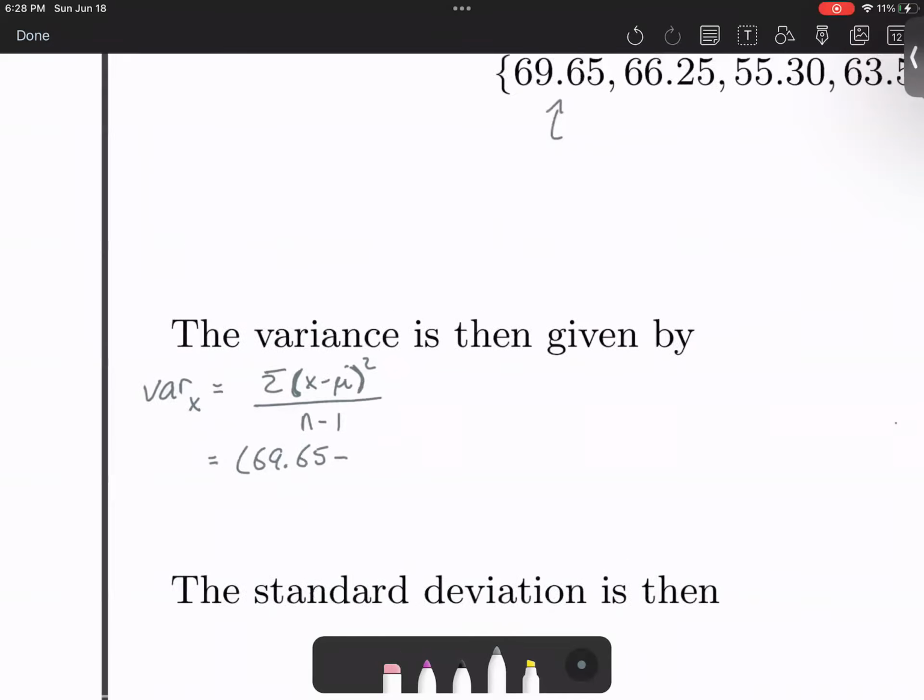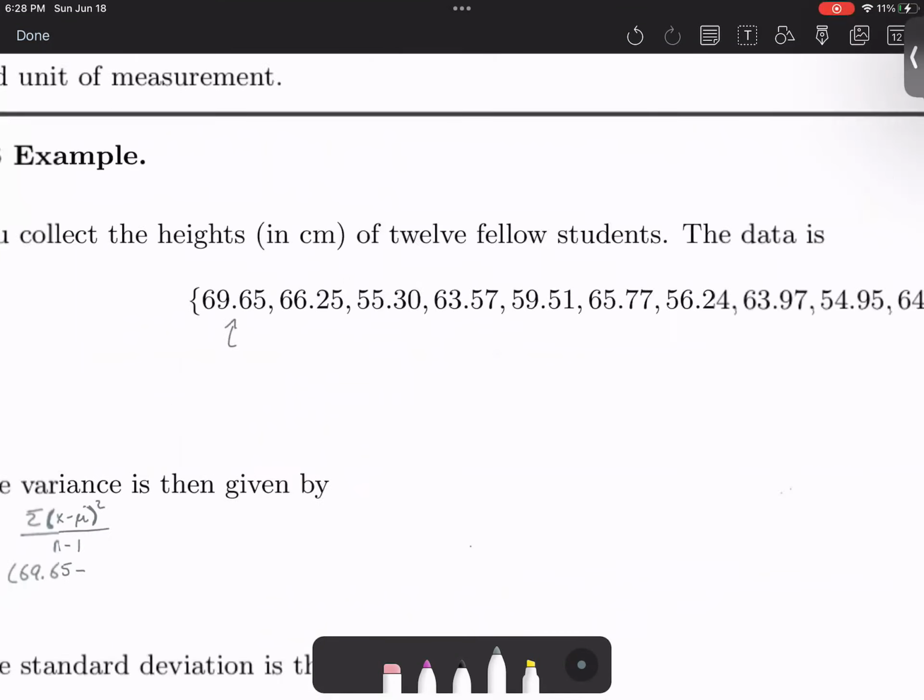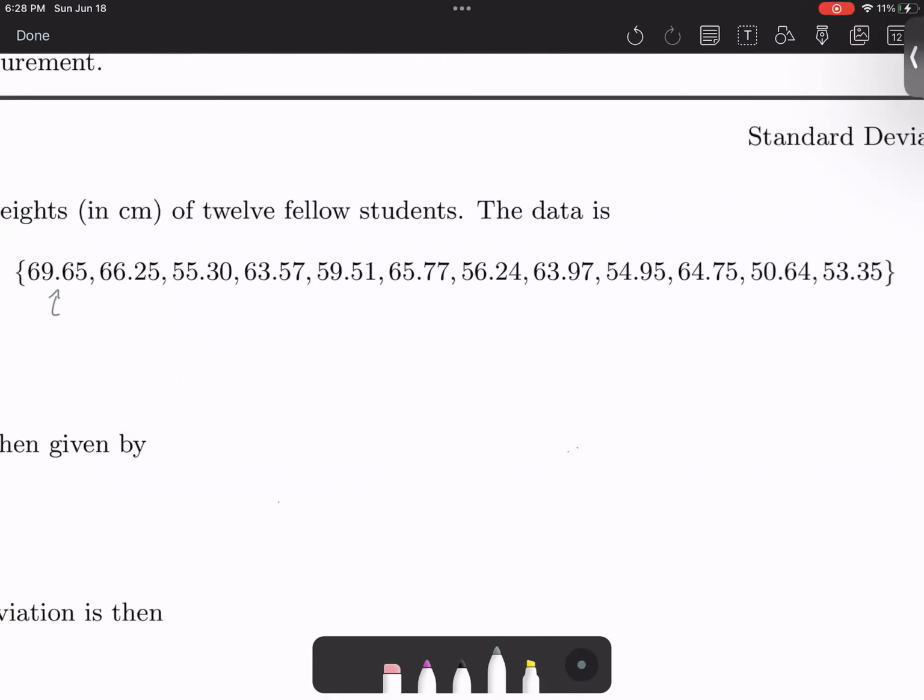Let's go back up to our set. And reminder, the average of a set X is the sum of all of the values divided by n.